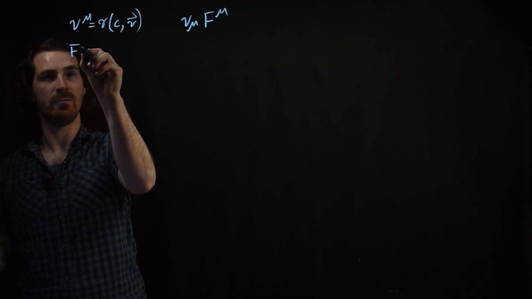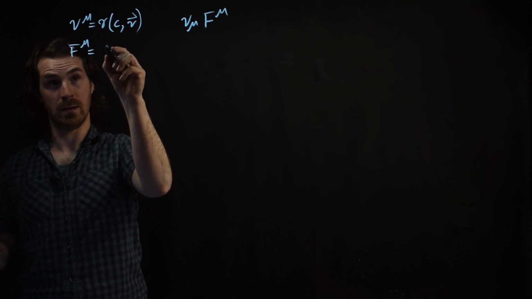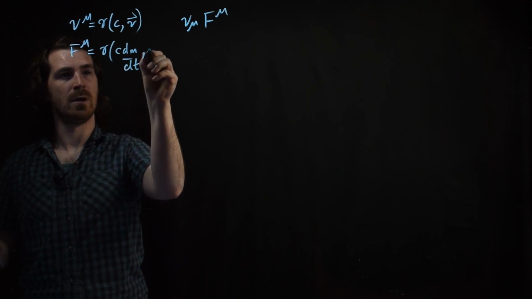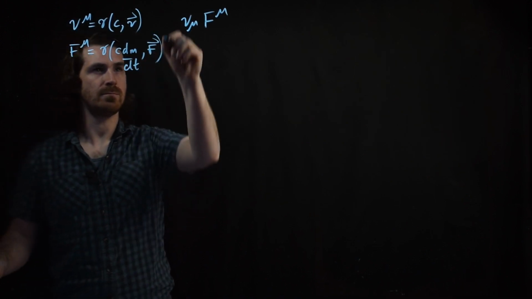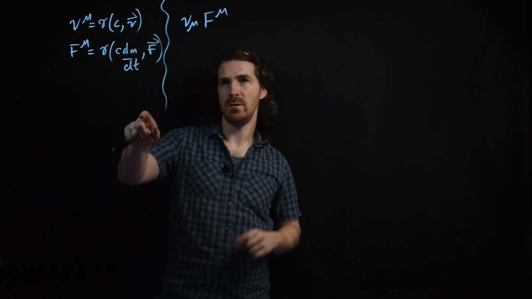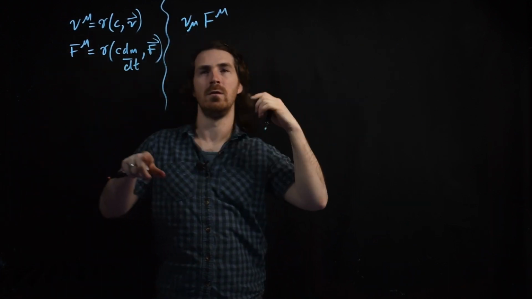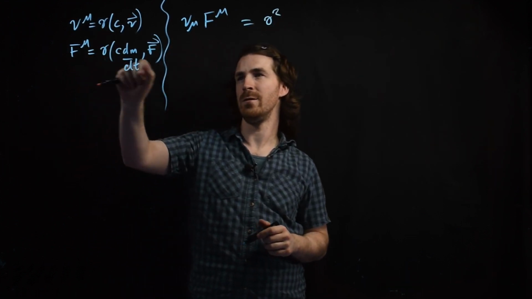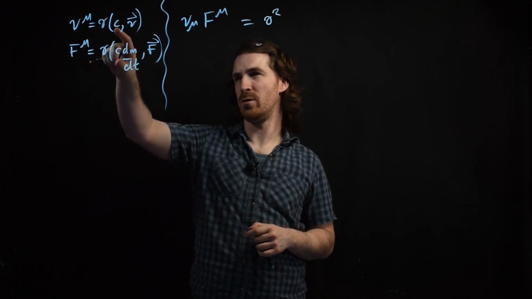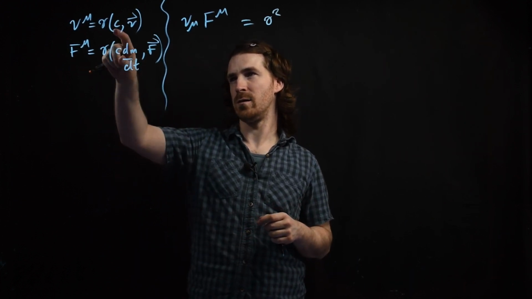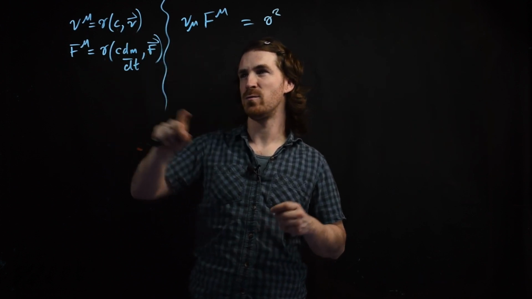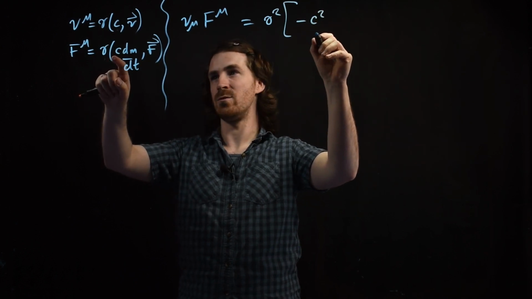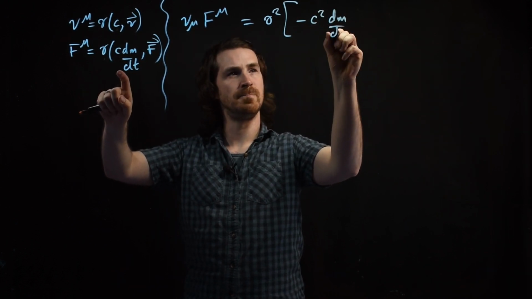and the 4 force, f mu, is equal to gamma c dm by dt, and then the 3 force f. So we're going to think about this inner product. We've got a gamma squared, gamma times gamma, and then we've got the first component with the first component, and remember the first component of our metric has a -1, so this becomes minus c times c, which is c squared dm by dt.